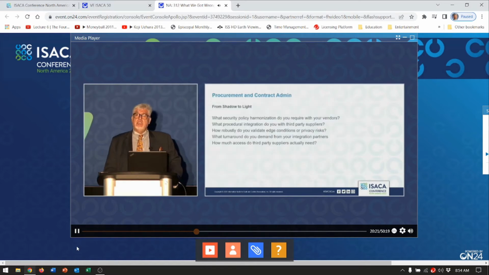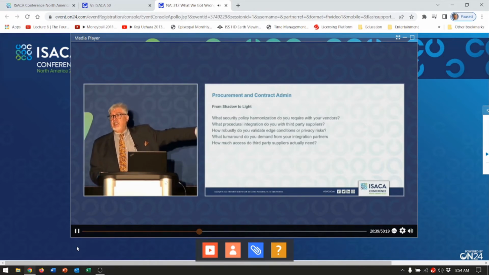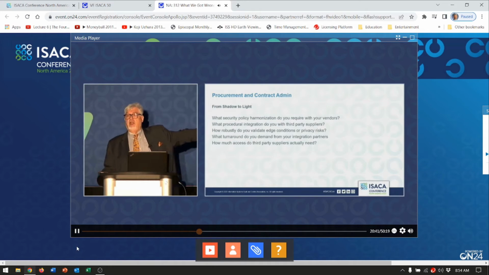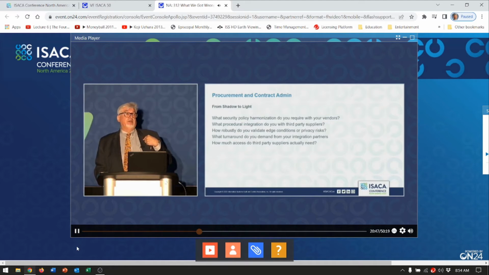In the procurement and contract administration space, as an auditor, you want to be able to shine light in the corners. What do you do in terms of harmonization of your policies with your third-party providers? That means, if my third-party provider had to fire somebody for inappropriate behavior on Friday, how many hours before I know that their credentials should not be treated as valid?